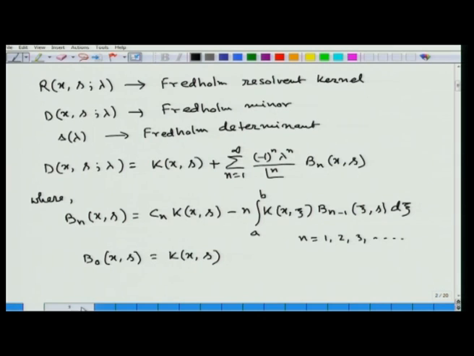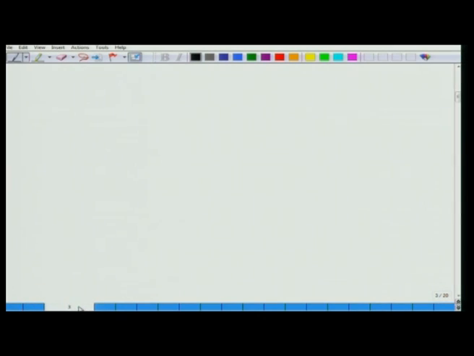These quantities C_n are defined by C_n equal to integral a to b B_{n-1}(x, x) dx, where n ranges from 1, 2, 3 and so on, and in particular C_0 is defined as exactly equal to 1.